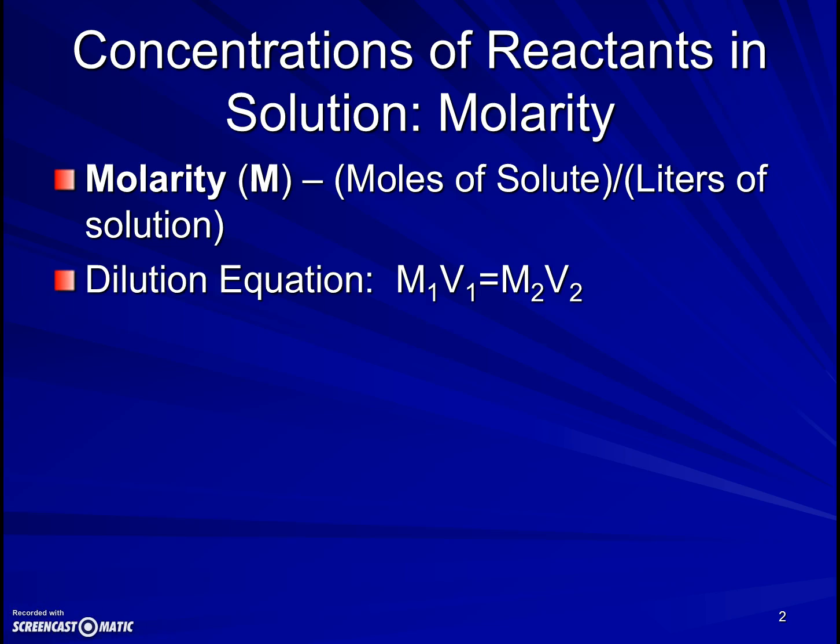And once we've agreed on that as a concentration unit, then we have an equation that will help us anytime that we want to take a very concentrated solution and dilute it down by adding water.